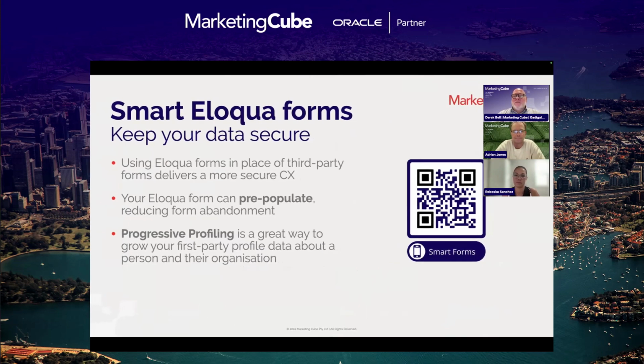Smart Eloqua forms can really make a difference. And so what we do is we really encourage our clients to make sure they use their Eloqua forms in place of third-party forms. So some clients will do things on the CMS and they might want to throw in another form.